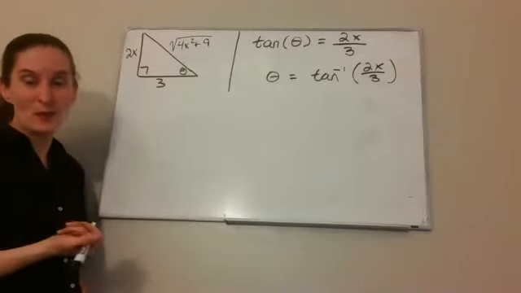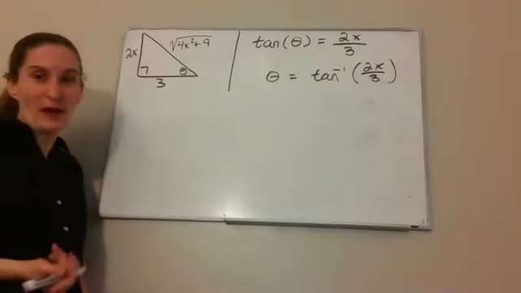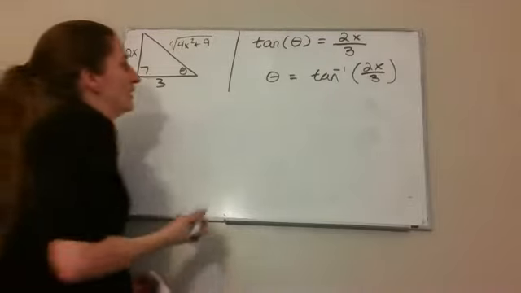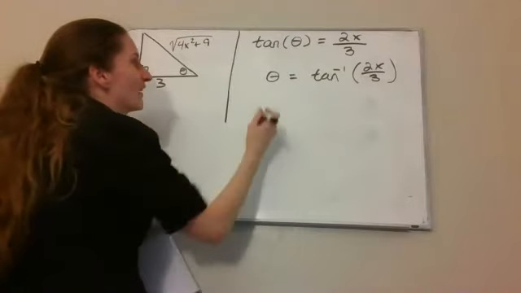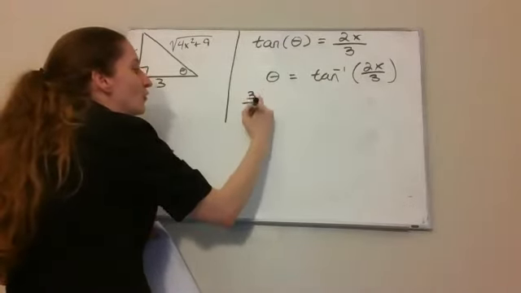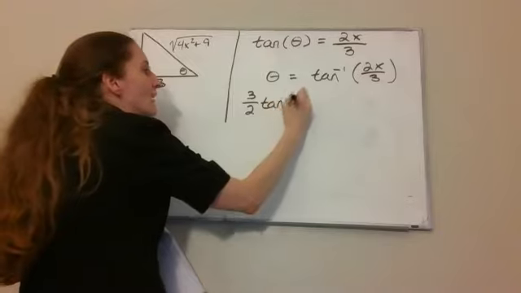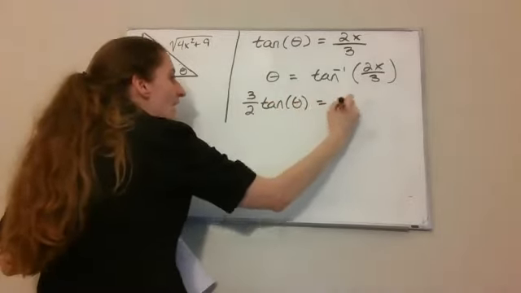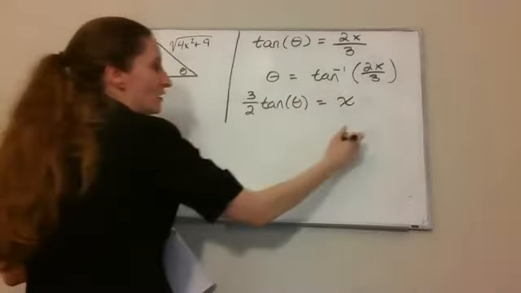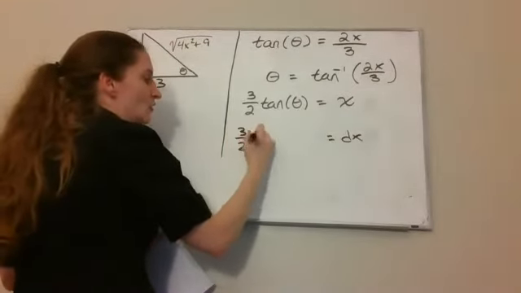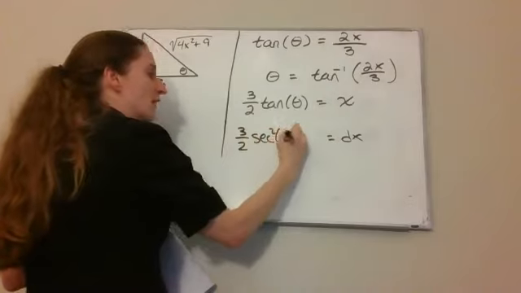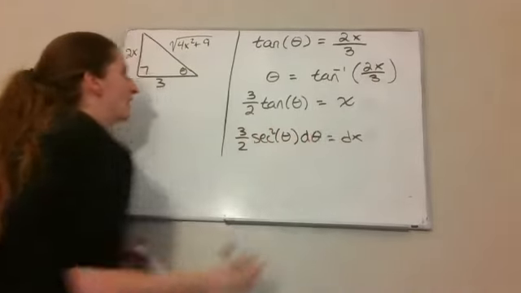The second example, we did not, so it doesn't hurt to just write it down real quick. Now, solving my first equation for x, I get 3 over 2 tangent of theta is equal to x. And now I can find dx by taking the derivative and get 3 over 2 secant squared theta d theta.